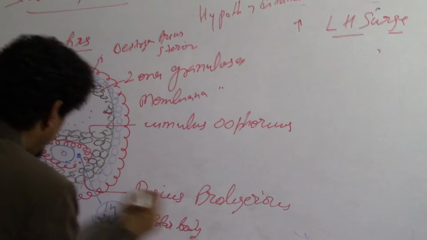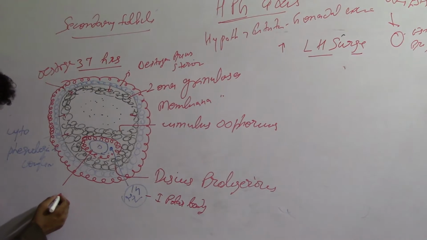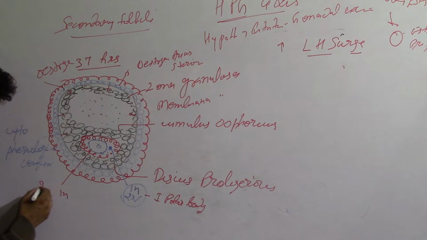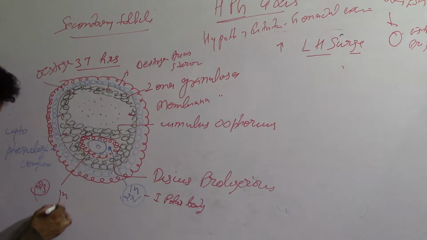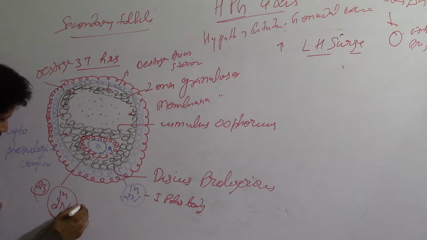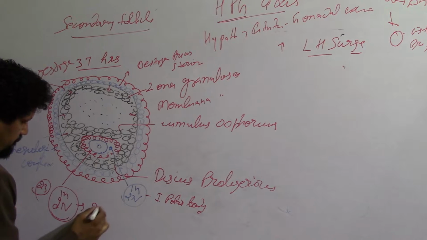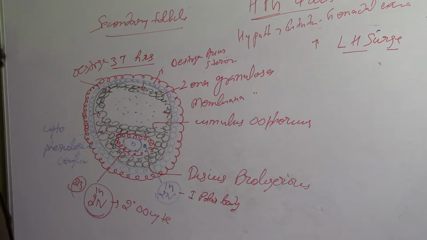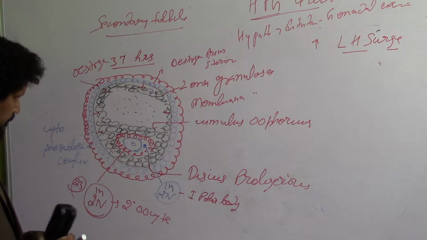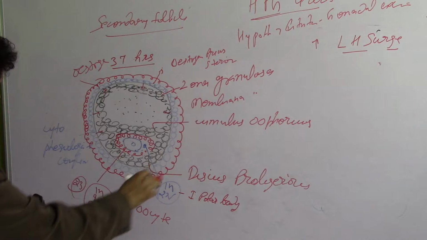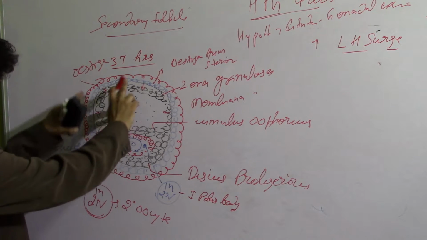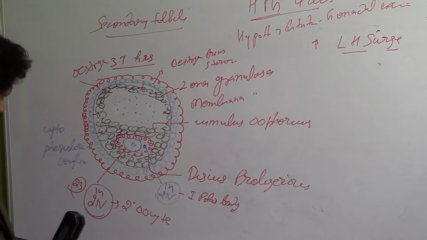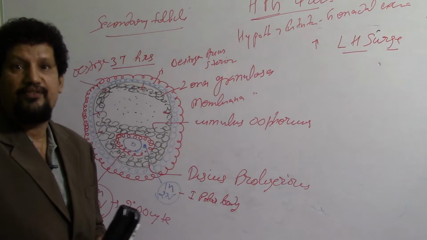And the other cell is large, having 1n double-structured 23 chromosomes and 2n amount of DNA. This is known as the secondary oocyte. When this first meiotic division is completed, the follicle is now completely mature, and this follicle is known as the Graafian follicle.